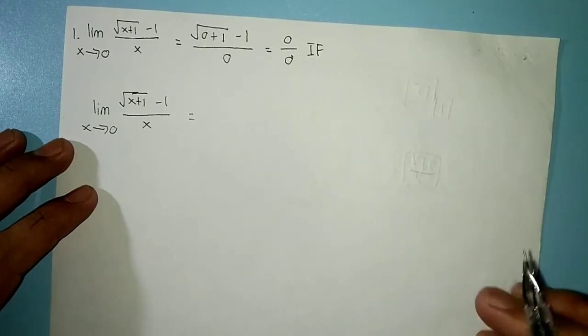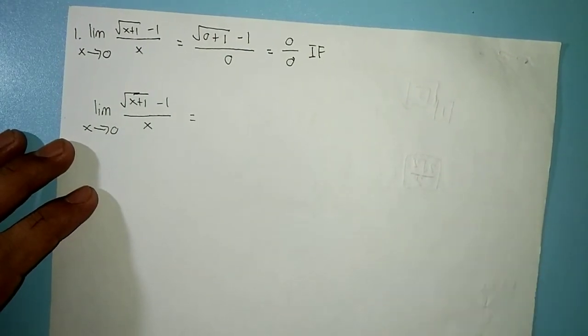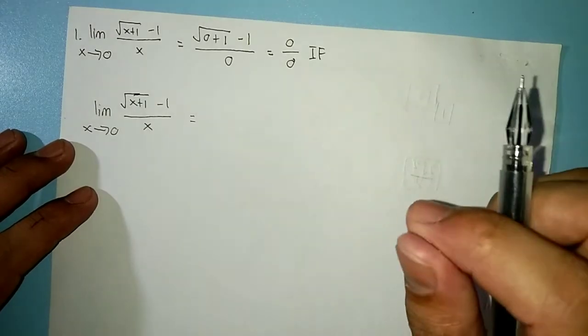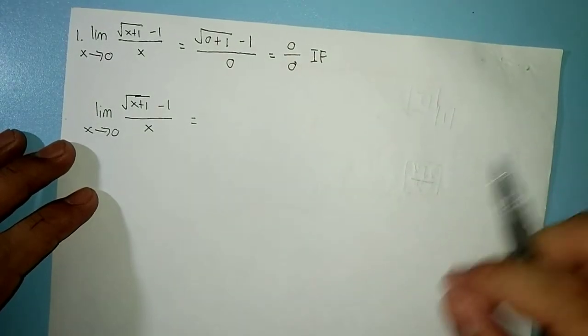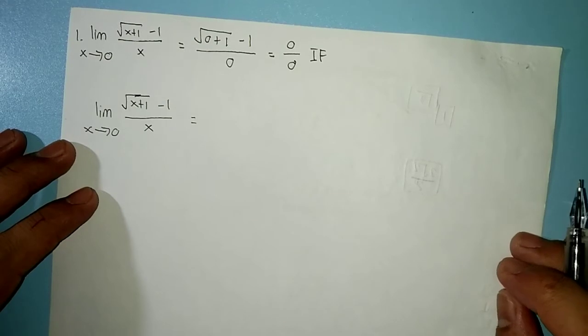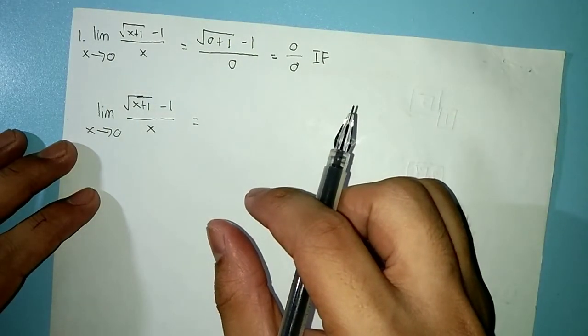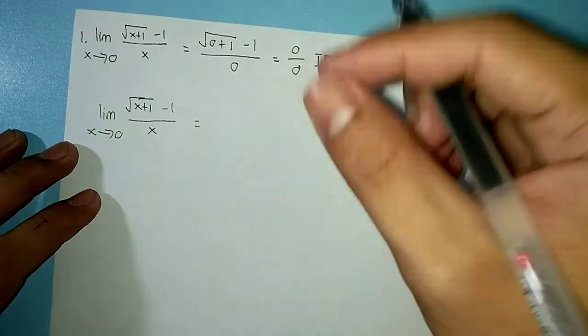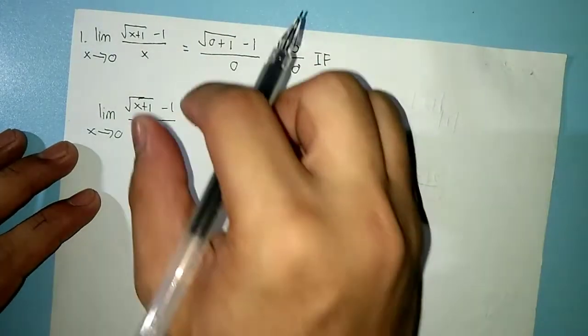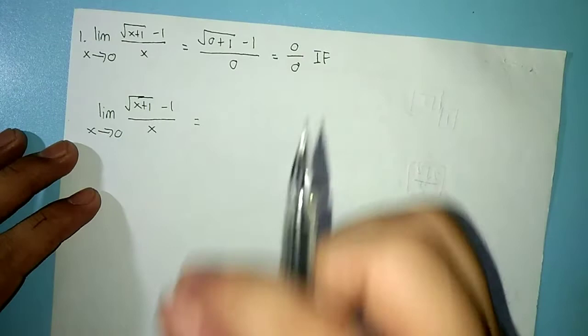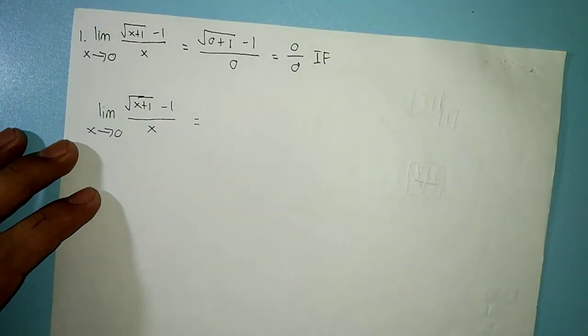So ibang strategy ang gagawin natin dito. Ang gagawin natin, kukunin natin yung idea ng pagra-rationalize doon sa algebra. Kung sa pagra-rationalize natin, kung yung radical nasa denominator, nililipat natin sa numerator, ito namang radical sa numerator, ilalagay natin sa denominator. Okay?